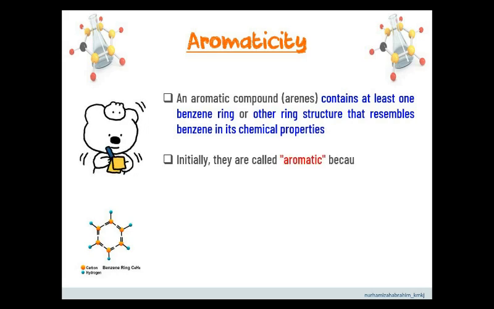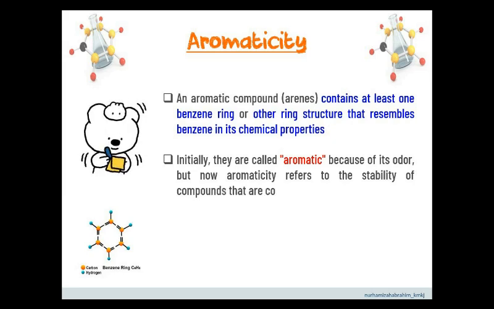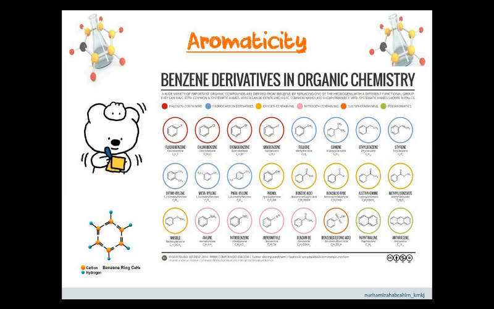Initially, they were called aromatic because of their odor, but now aromaticity refers to the stability of compounds that are considered aromatic. These are examples of aromatic compounds, which are benzene derivatives.